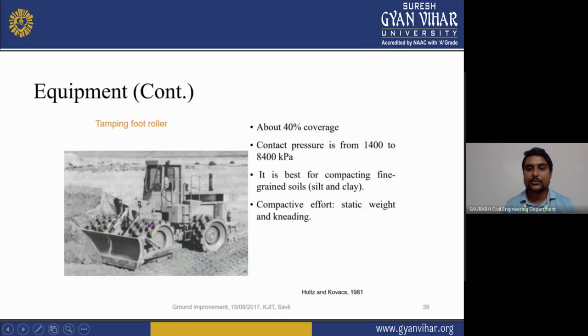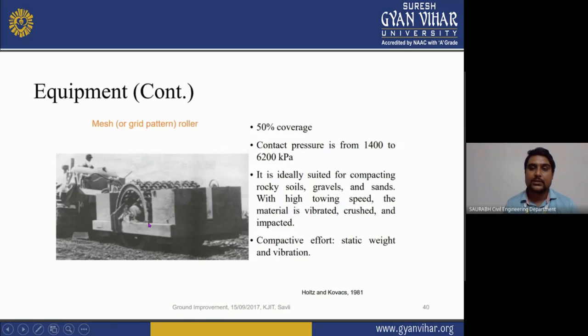And these are some of the equipment used in ground improvement. As you can see, this is your mesh or grid pattern roller. It is ideally suited for the compaction of rocky soil, gravel, and sand. With high towing speed, the material is vibrated, crushed, and impacted.